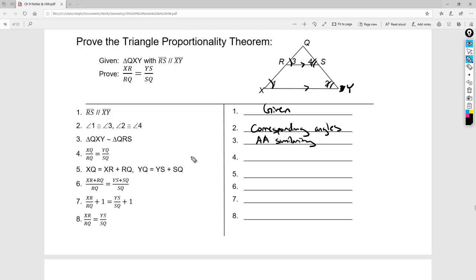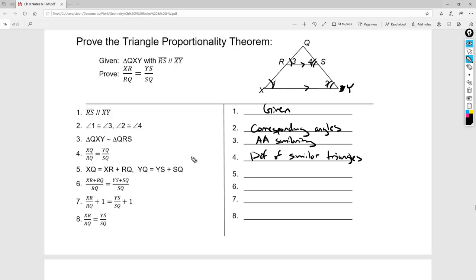Okay, so using my similarity, I know that XQ is to RQ as YQ is to SQ. That's a definition of similar triangles.